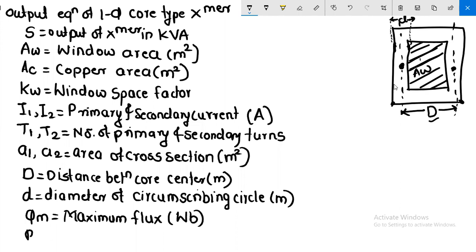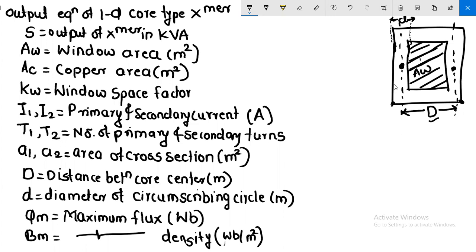Then B suffix small m, what does that stand for? Maximum flux density. In which unit do we measure flux density? Correct, Weber per meter square.